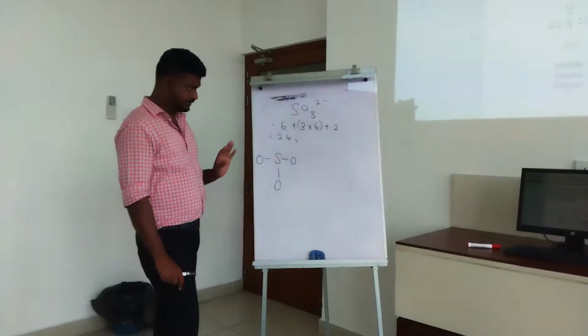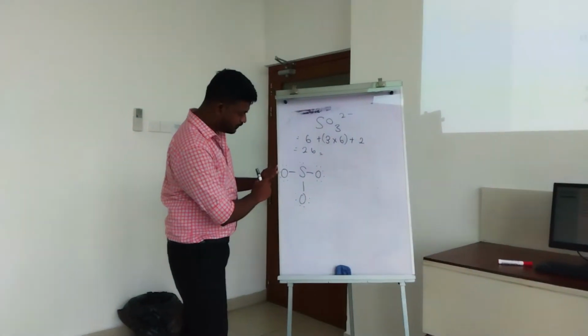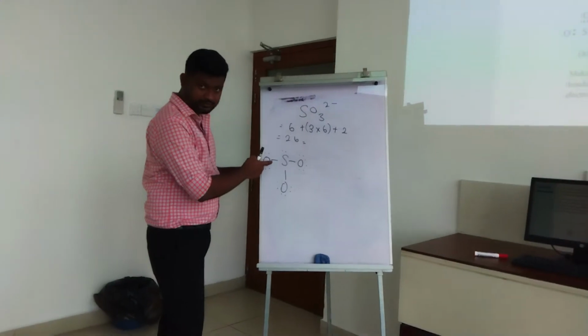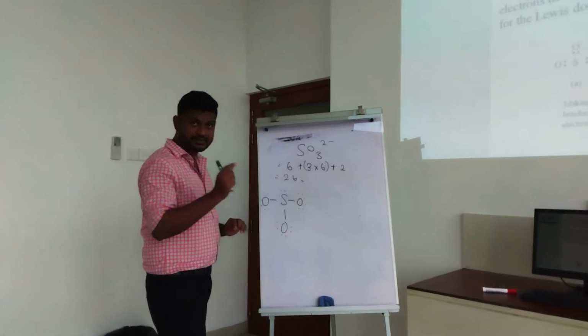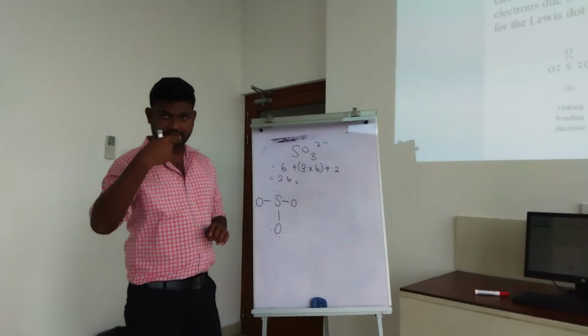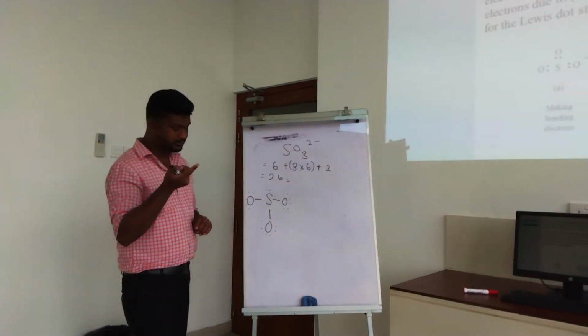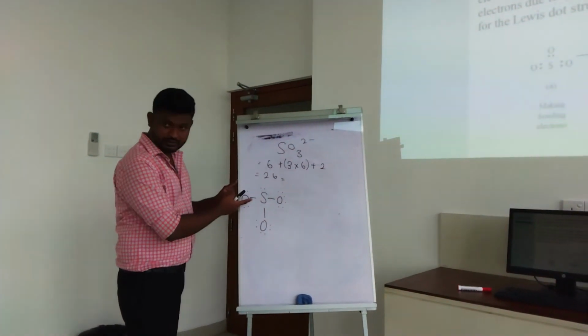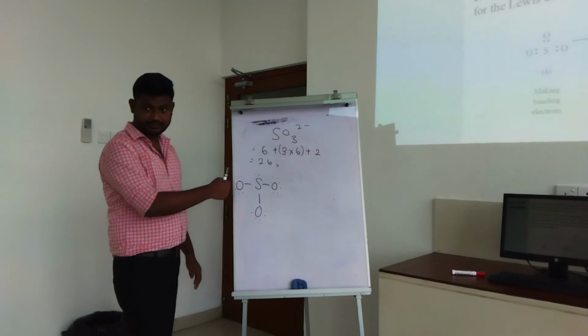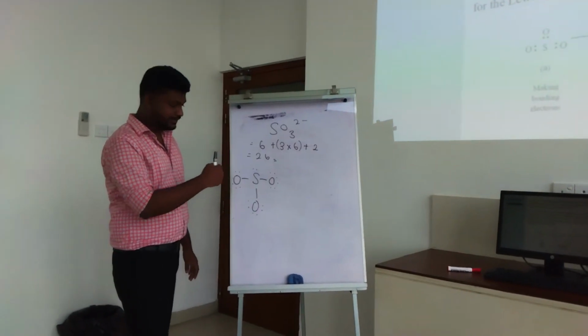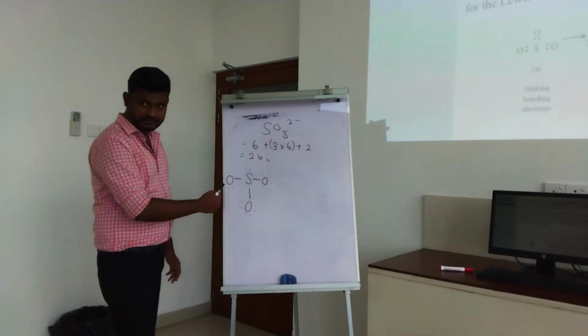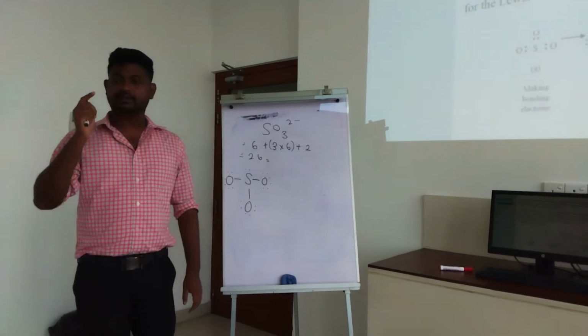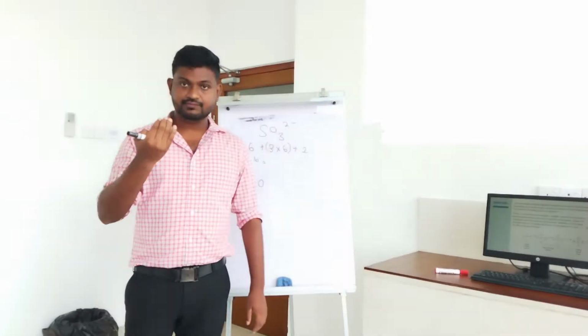This bond represents 1 electron from oxygen and the other electron from the sulfur. So here also 1, that means 7. 7 electrons are there in oxygen now, meaning it has received 1 electron from the other atom, so there should be a 1 minus.